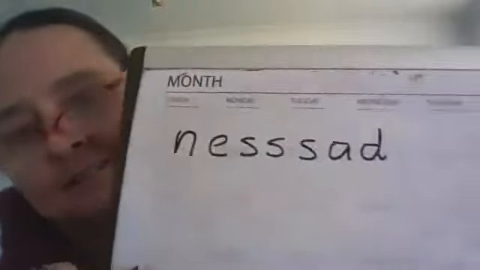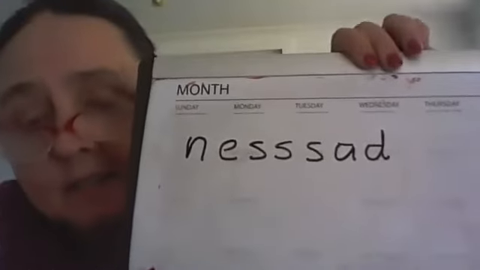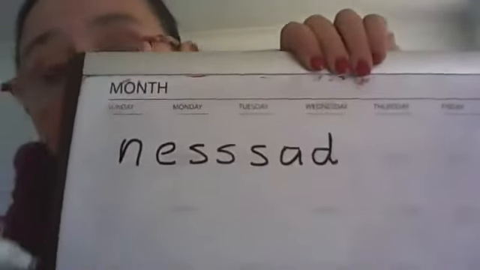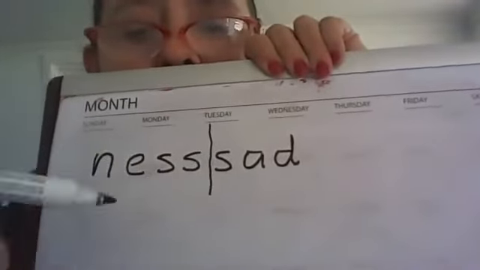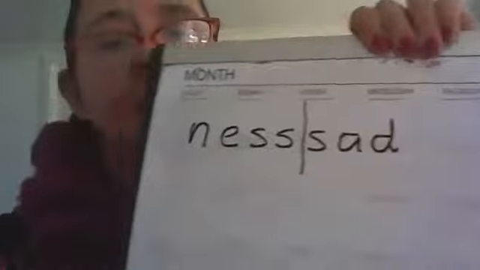That does not sound like any English word that I know. It's like Nesad or something, isn't it? But they said to rewrite it, so you're going to write it again with the beginning of the word at the end. So do you see? These list words have the beginning of the word at the end. They've messed up how they've written it. So now we're going to rewrite that.